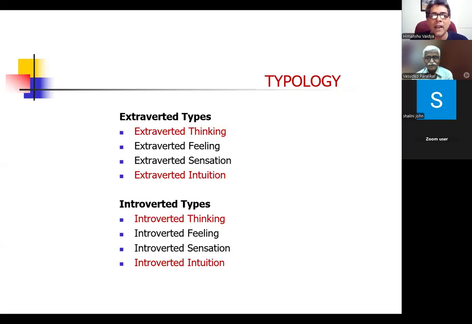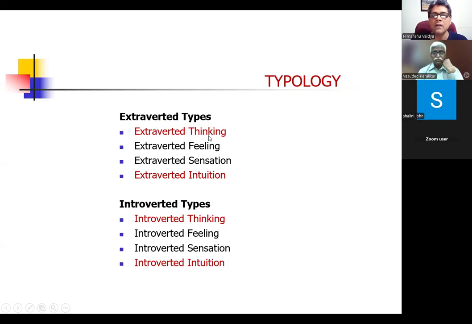So this is how we end up with these eight types in the Jungian typology: four extroverted types and four introverted types. And what is written here are the dominant functions. Extroverted thinking means the person is extroverted and thinking is the dominant function.